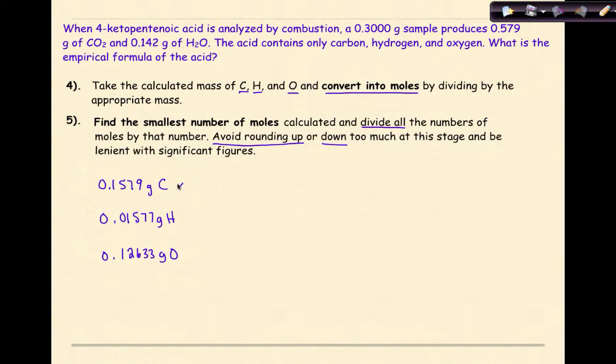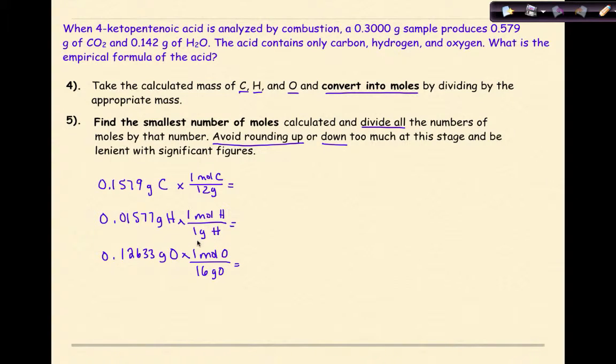Now what I'm going to do with all of these is convert them into moles. So 1 mole of carbon is equal to 12 grams of carbon, 1 mole of hydrogen is equal to 1 gram of hydrogen, and finally, 1 mole of oxygen is equal to 16 grams of oxygen.